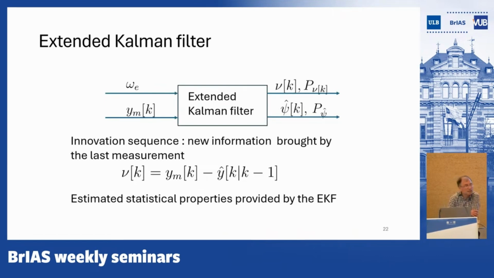So this extended Kalman filter will take as input, something I forgot to say up to now, is that I assume that my motor is operating at constant speed. And omega E here is what is called the electrical speed of the motor.